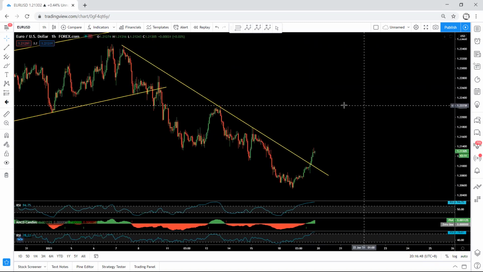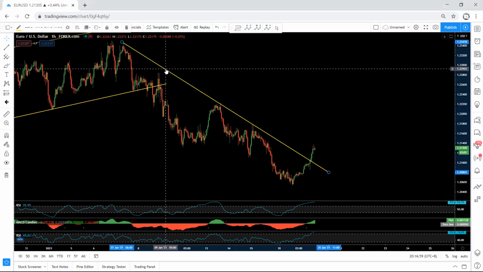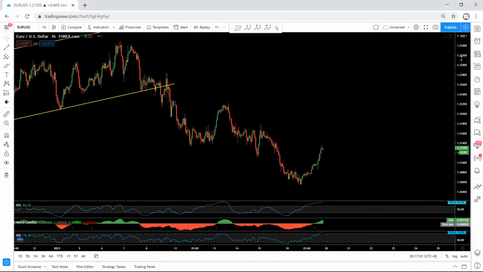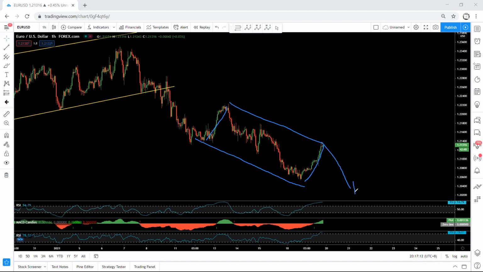Now the thing is, what's next? Whether the price from here can continue and move higher, or we can still expect the price to drop. We will remove this one, we don't need it. We need to look at this possibility. We have this and this. There is a possibility we will have this correction, which means the price can get one move down.